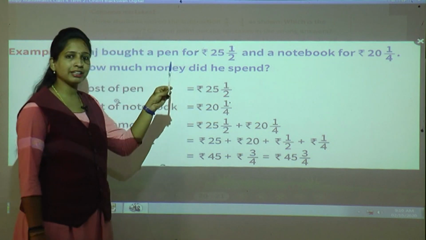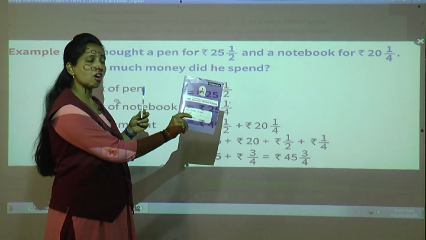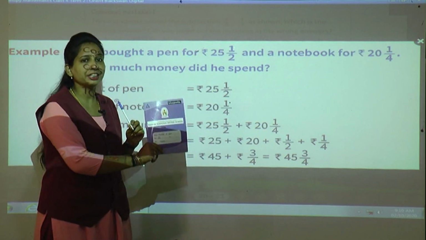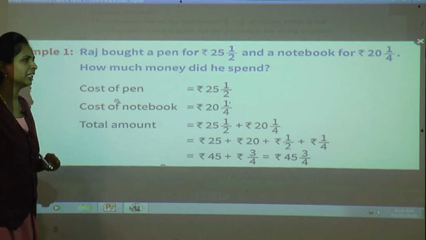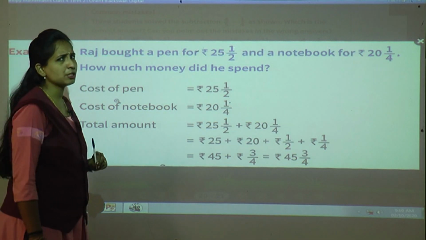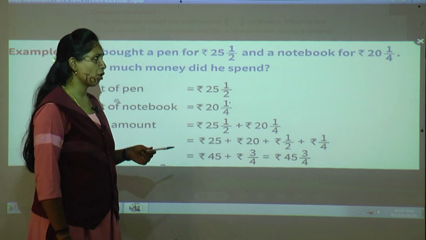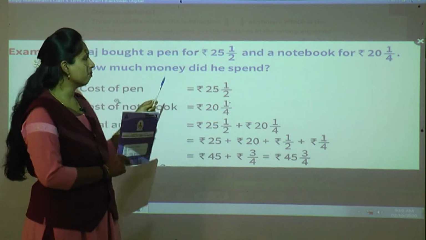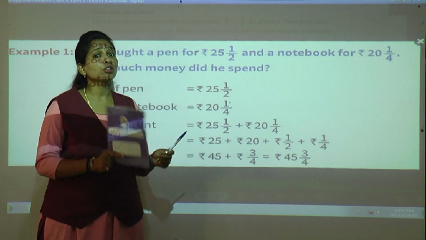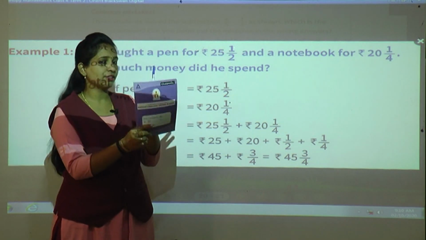The cost of the pen is 25 1 upon 2 and the cost of the notebook is 20 rupees 1 upon 4. So how much money did he spend? Now tell me, students, what do we have to do? Yes, he went to the shop and he bought these 2 things. They are asking how much money he spent in total on the pen as well as the notebook.